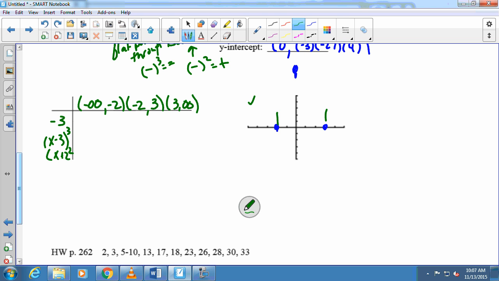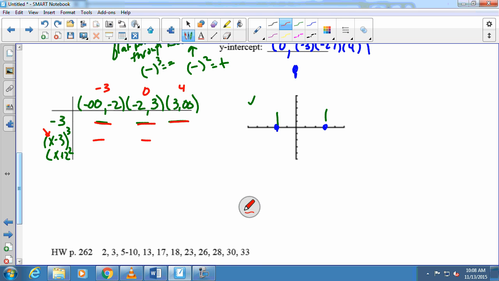Okay, plugging in a value. There's no value to plug in to negative 3. It is a constant. So those are going to remain negative. I'm going to plug in a negative 3. Plugging it in here gives me negative 6 cubed. I don't care what the answer is. I just know it's negative. I'm going to plug in 0 because it's a pretty friendly number. Again, a negative cubed is still a negative.